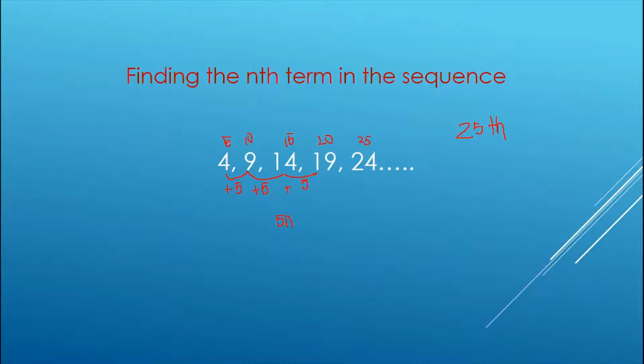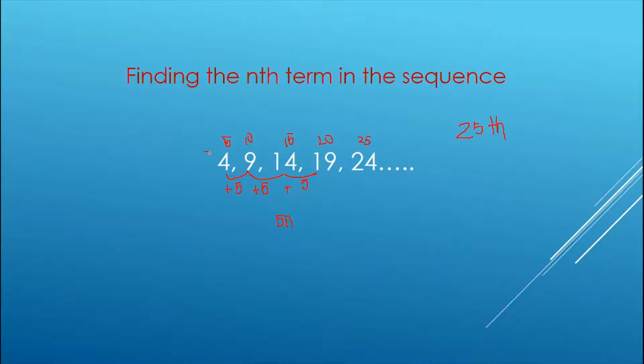Now the next thing that we are going to do is identify what happened to 5 here to make it 4. What happened to 10 here to make it 9? What happened to 15 to make it 14, 20 to 19, and 25 to 24? Based on the given here, we subtract 1.